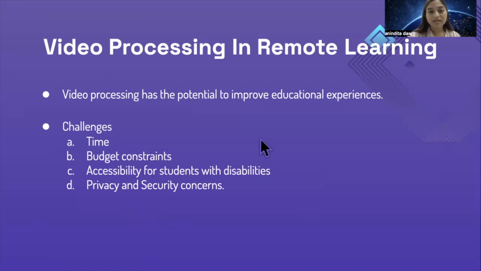Video processing has a great potential to improve educational experience, especially for remote learning, because it gives every student a chance to interact with their learning materials in a deeper way and learn in their own timing. It also makes it easier for the students to interact with the educators, and the educators with the students, in different ways and also in different countries, because it's a remote learning system and it's through videos.